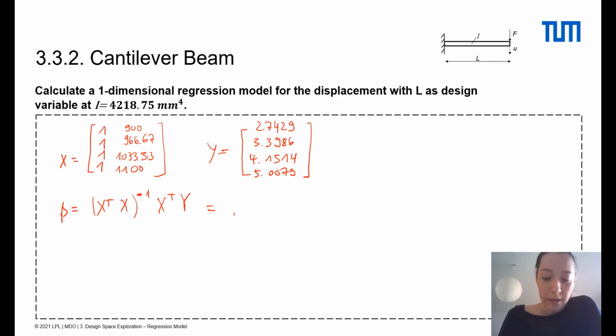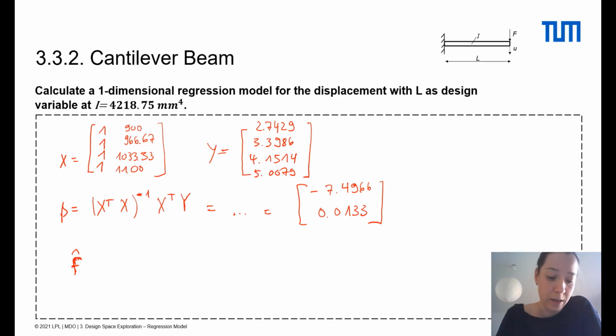So if we do that, I mean, you know how matrix multiplication works, we'll end up with minus 7.4966 and 0.0133. Again, we wanted to compute the regression model, so let's write it differently.